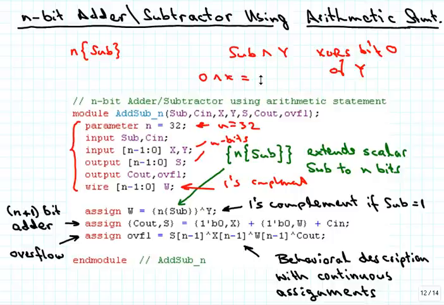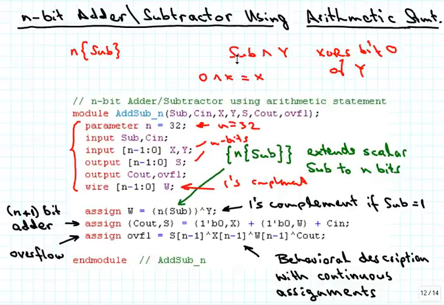Because 0 XOR with 0 gives us a 0, and 0 XOR with 1 gives us a 1. So only the least significant bit would get inverted when we go into subtract mode and SUB is equal to 1, unless we use this construct.